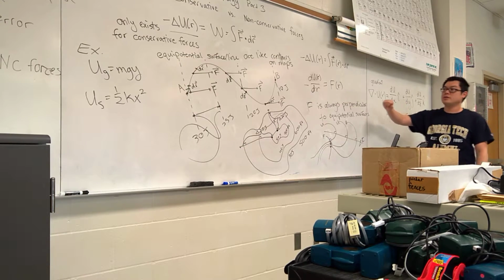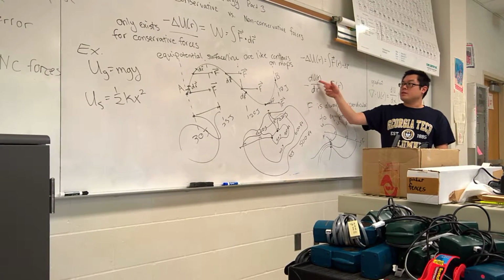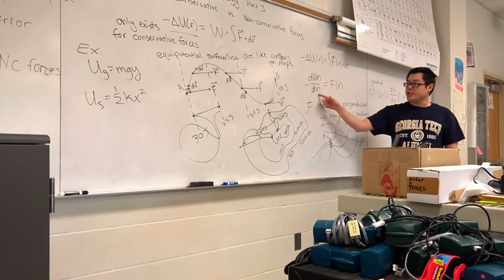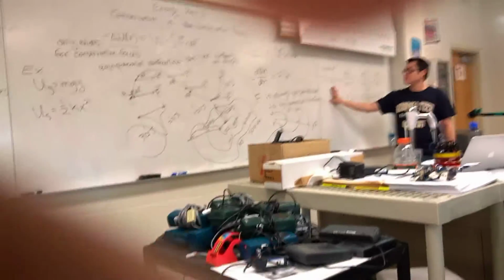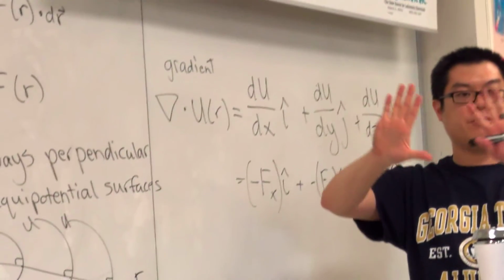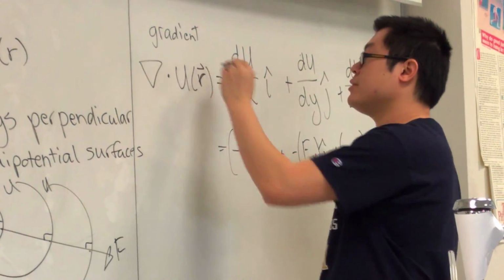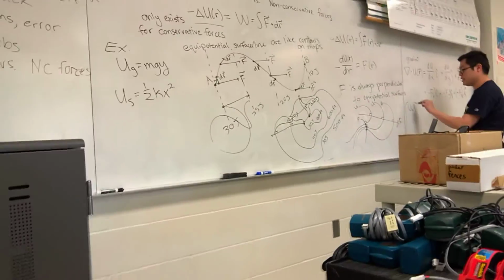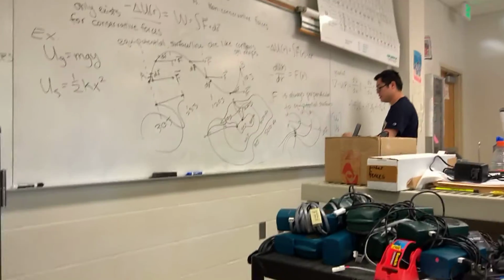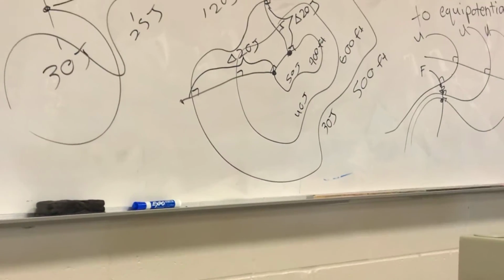Okay, so let me go back a little bit since someone asked. How do you turn a scalar value into a vector value? The change in U and the change in r has a specific direction. In this case, it's like this. If you were to have a map of your potential energy as a function of all positions x, y, z, so not just U, it's U as a function of position, right?